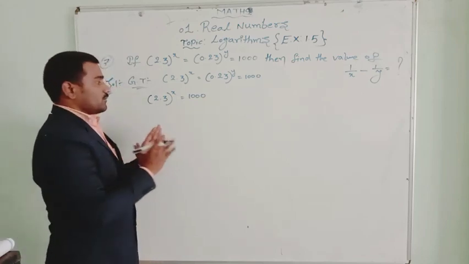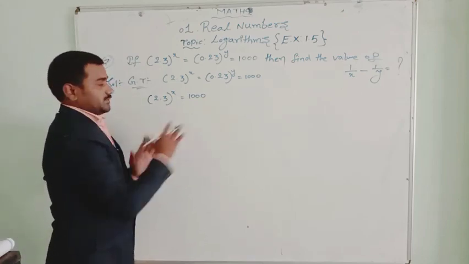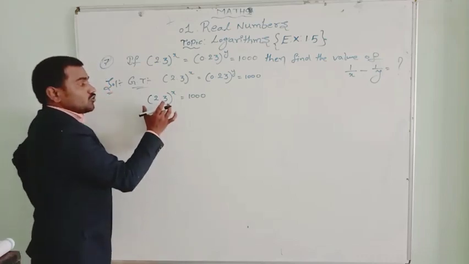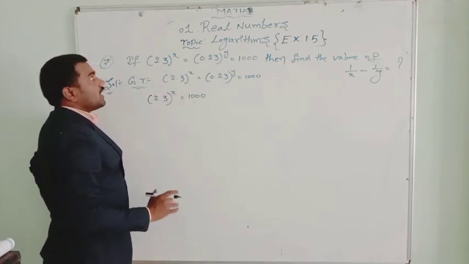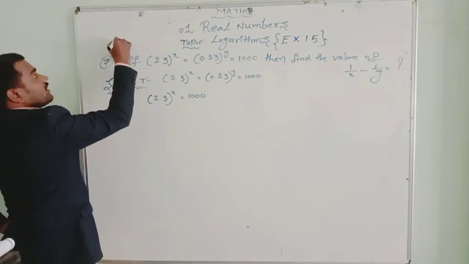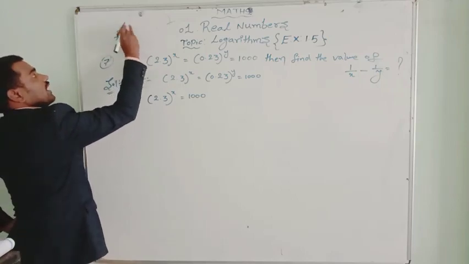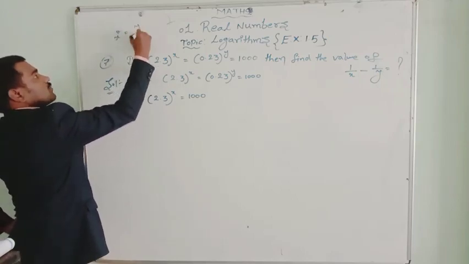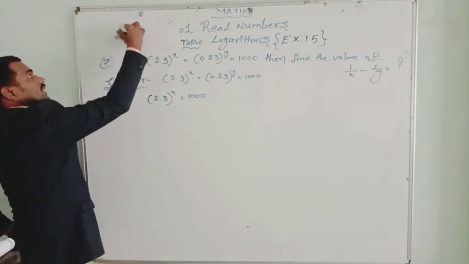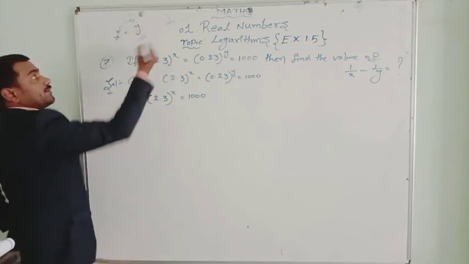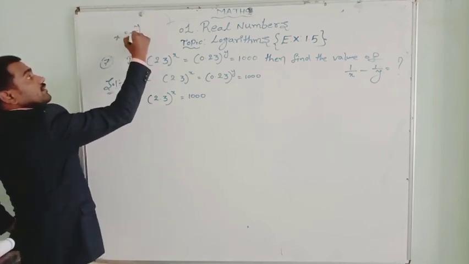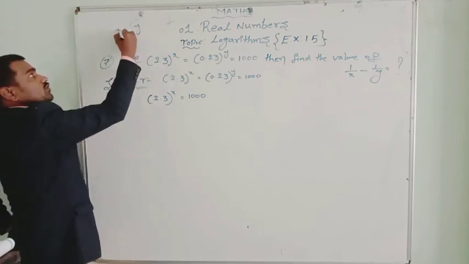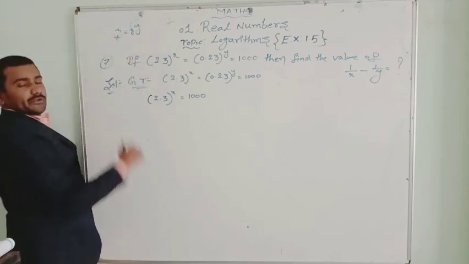Very carefully you need to observe what I am going to do in the next steps. Okay, 2.3 whole to the power of x. We know that if x square equals y, when you transport the square to the RHS side, it becomes a square root. If a cube is transferred to the RHS side, it becomes a cube root.